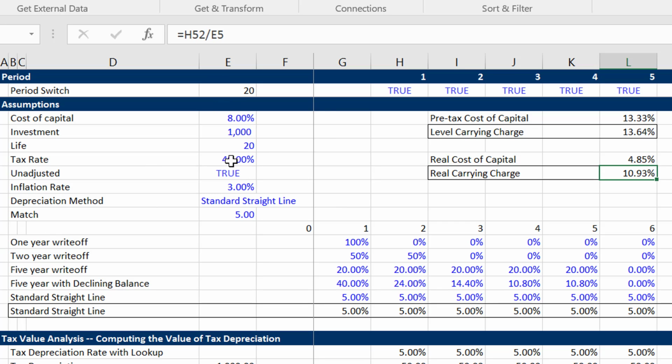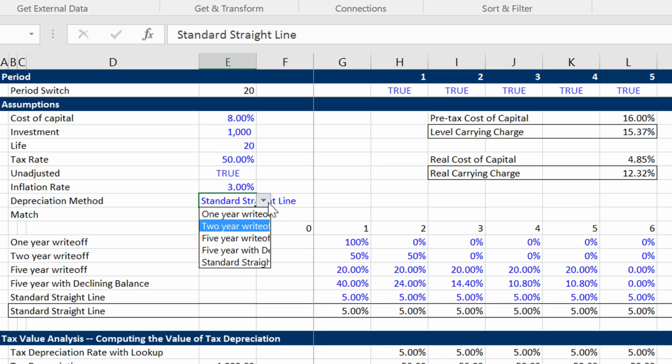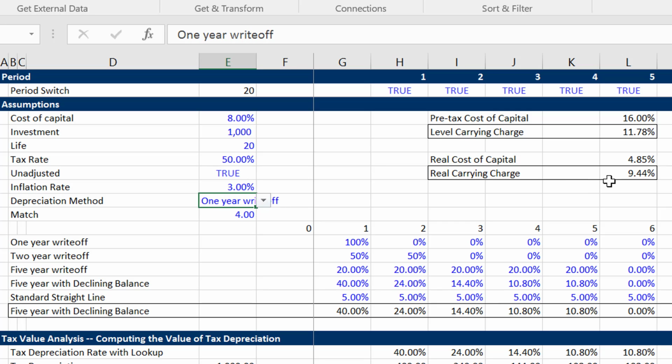Now you have a pretty high inflation. If you put 0% taxes, you get 8% carrying charge. If you put 50% you get 12%. It's a big deal. But if you change it from straight line to a 1-year write-off, then the carrying charge goes all the way down to 9%. And then if you change it to 20%, it pulls you down, but not that dramatically.